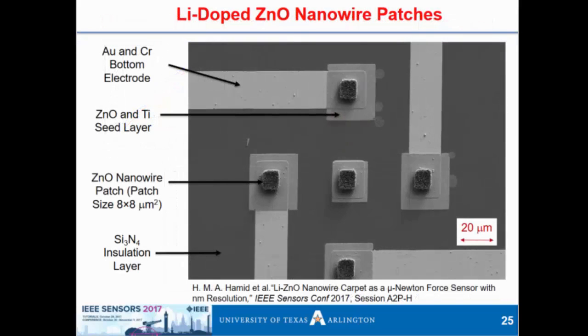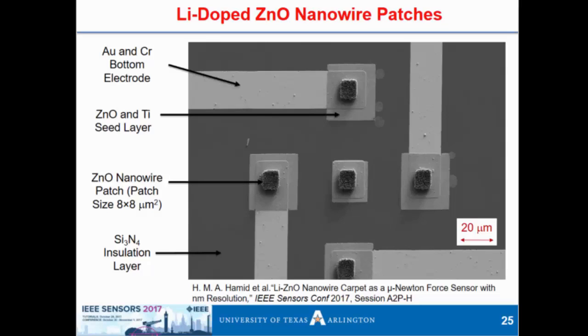So this is the most recent work that we have, and that is we have doped the zinc oxide nanorods with lithium. The lithium atoms go substitutionally and substitute for zinc, and that increased the sensitivity. So this is our work that is being presented as a poster.